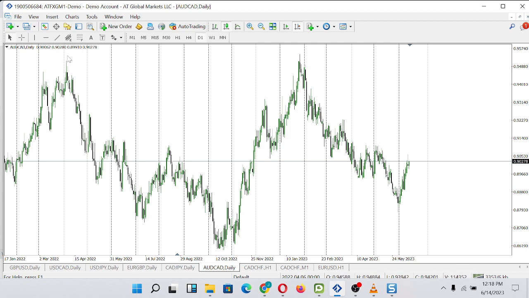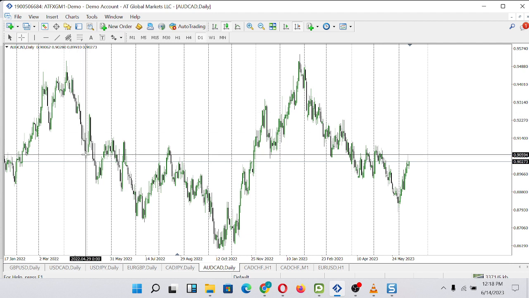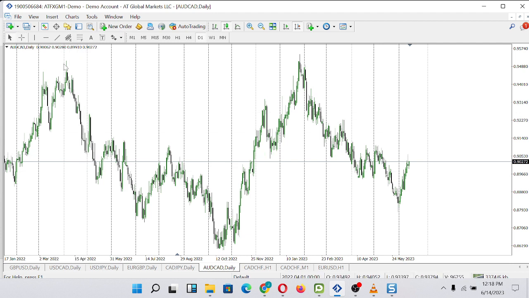Okay, now let's check the trend. Now this is a high, right? This is a low, right? This is the lower high, lower low. I hope you can see my cursor. Let me use, okay, you won't see it clearly. This is high, low, lower high, lower low, lower high, lower low.